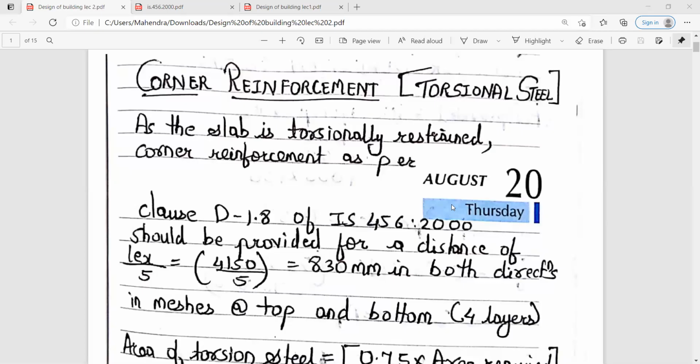So for corner reinforcement, you will provide it at a distance of 830 mm in both the directions. You have to provide the meshes for the top and the bottom in all the 4 layers. Your ideas will be more clear when we will do the detailing for this slab.